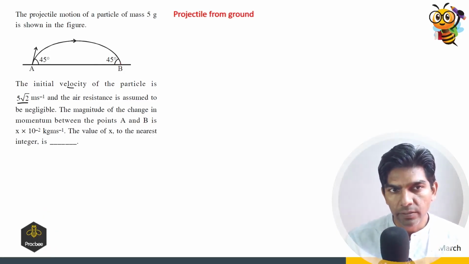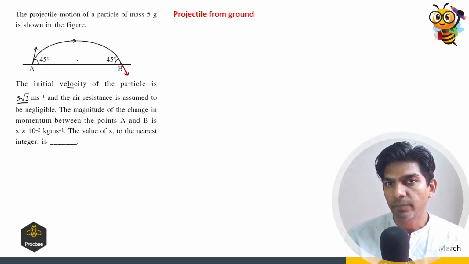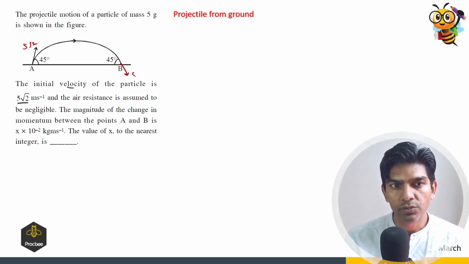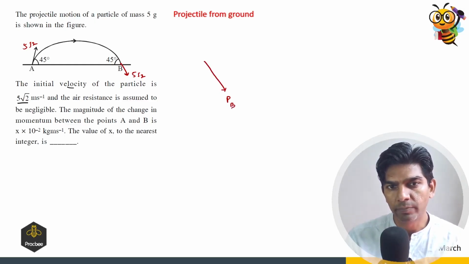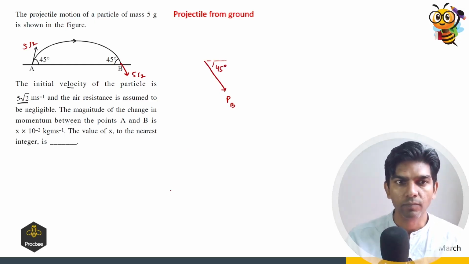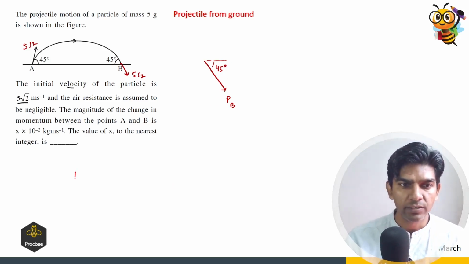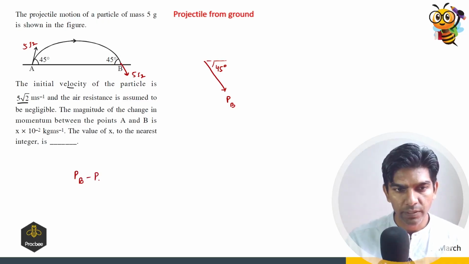So just before hitting the ground, the speed will be same as the speed of projection. So here, if the speed is 5 root 2, then just before hitting the ground, the speed is also 5 root 2. So the final momentum, momentum at B, is making an angle of 45 degrees with the horizontal. And we have to find the change, so PB minus PA.